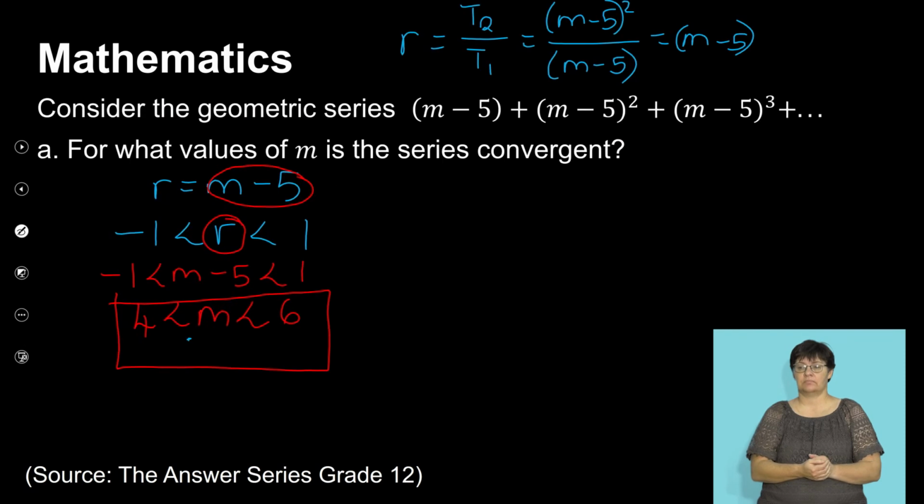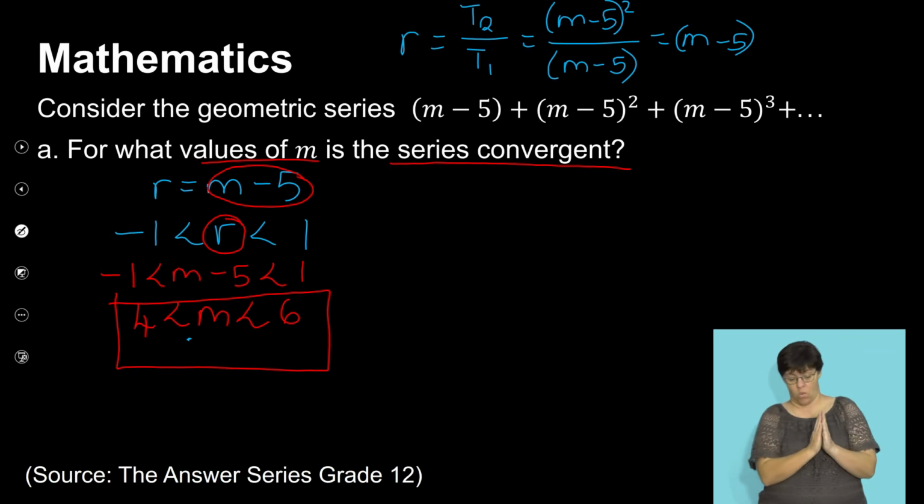If I go back to A, I had to determine the values of m for which the series was convergent. We then solved the inequality and saw that for the series to be convergent, m has to be between 4 and 6.